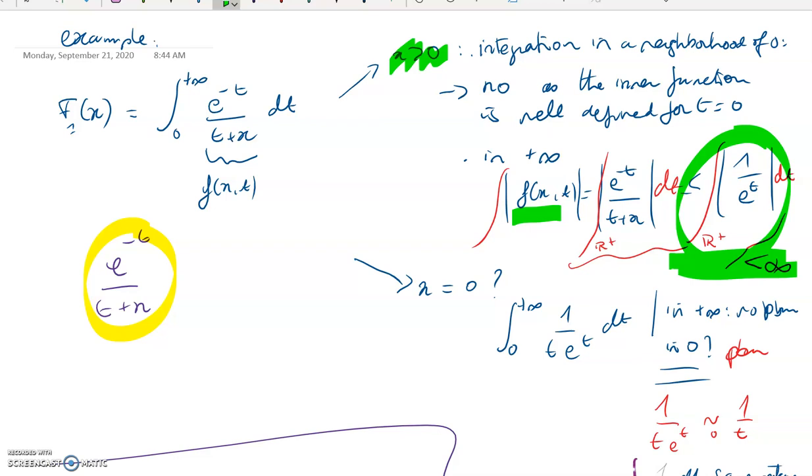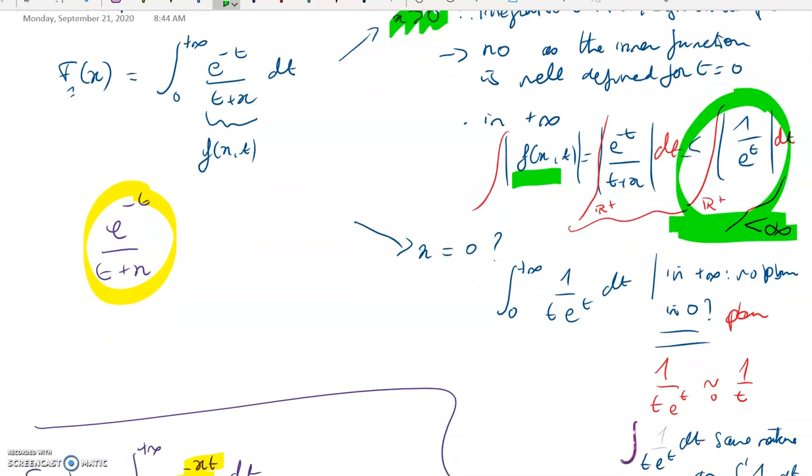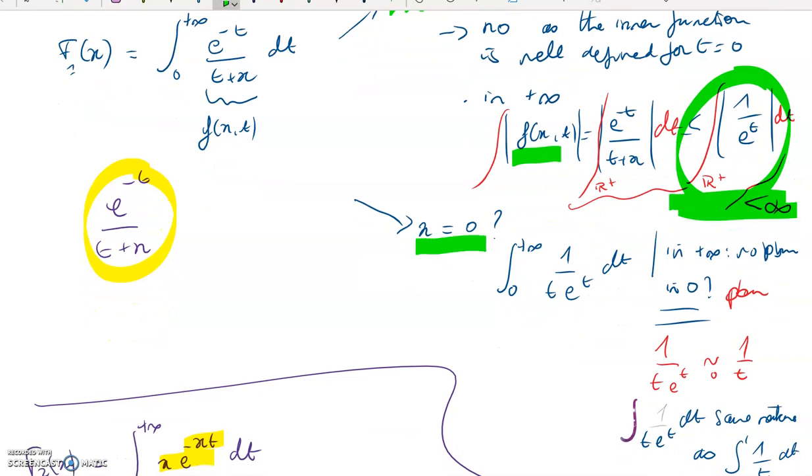And so it wasn't possible in the case x was equal to 0. We couldn't find a correct dominating function because, actually, it was equivalent to a function for which the integral would not be convergent.